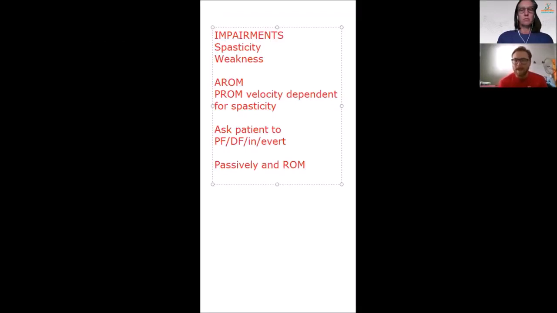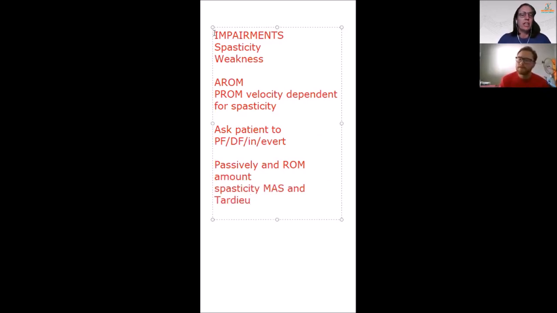And then from there, likely go through the spasticity testing, the modified Ashworth and the Tardieu. Say that we find that she has no passive range of motion limits.